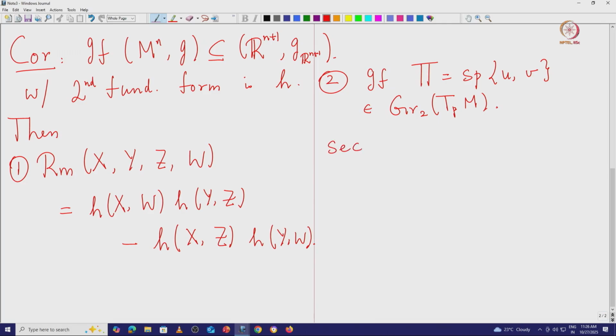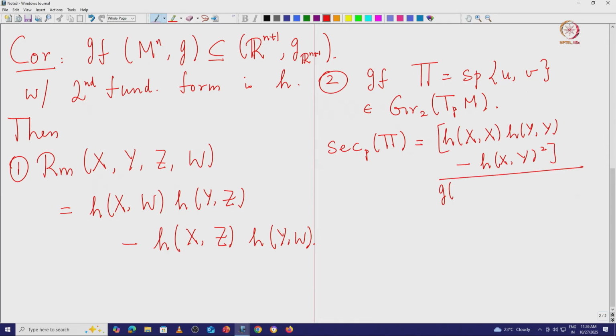Then the sectional curvature of this plane is simply given by this, divided by a similar looking term where you replace the second fundamental form with the metric. So this is a direct consequence of the Gauss-Codazzi equation.